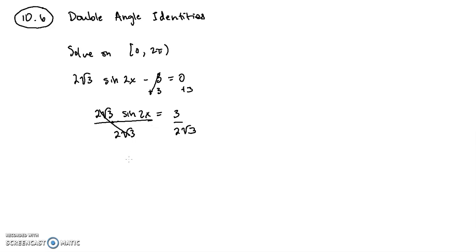So we get that sine by itself. That's our first step. Now we have sine equals 3 over 2 square root of 3. This is kind of a mess, so let's rationalize and see what we have. Square root of 3 times square root of 3 would just be 3. So these two are going to cancel with this 3 altogether, and we end up with square root of 3 over 2.